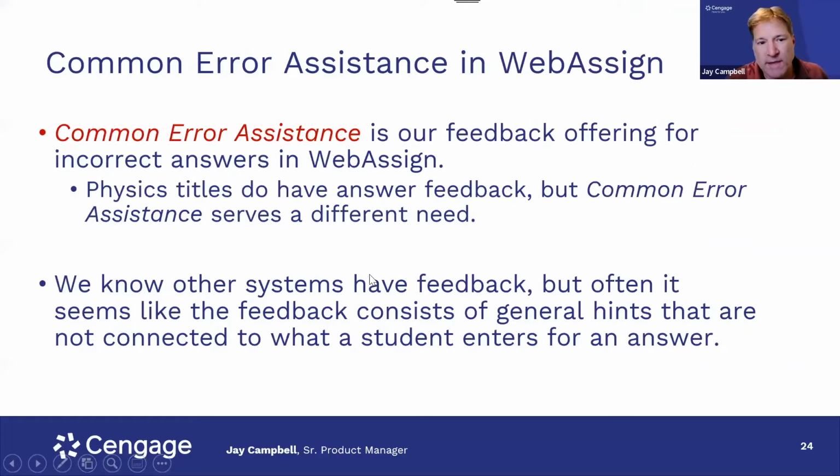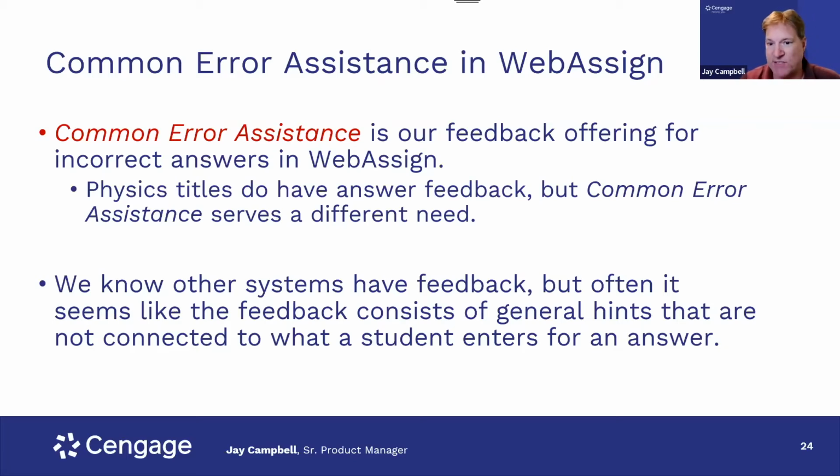So this is one of our ways that we're offering answer-specific feedback in WebAssign. If any of you teach physics, you might have seen that there is answer feedback in some of those physics titles, particularly the survey titles. This Common Error Assistance will be serving a slightly different need than that.